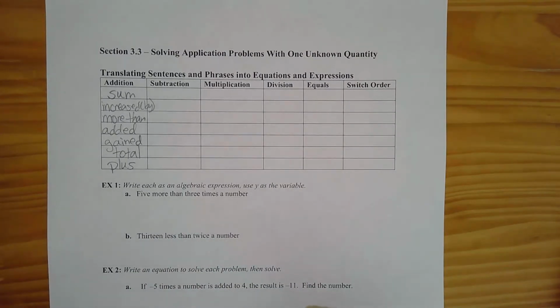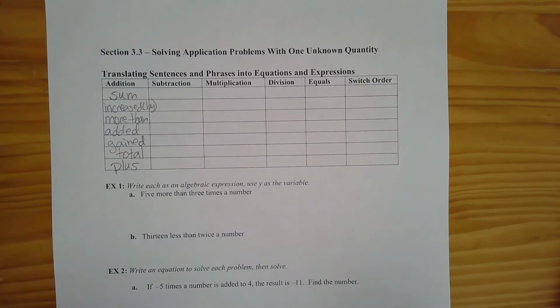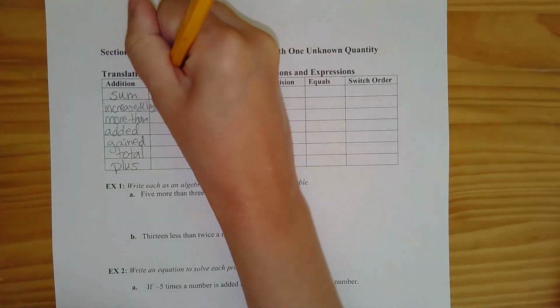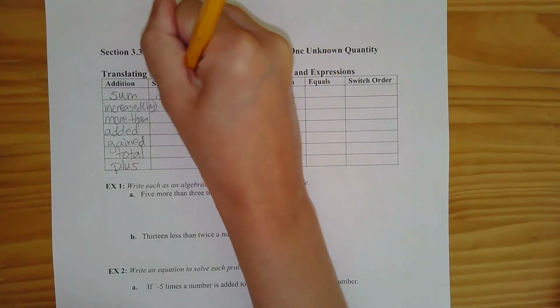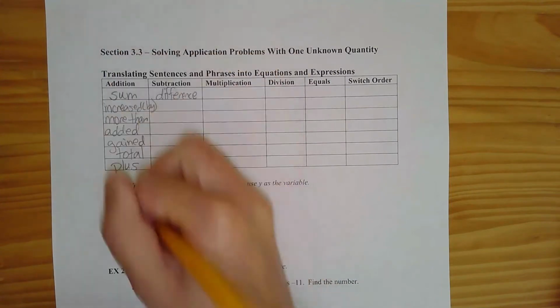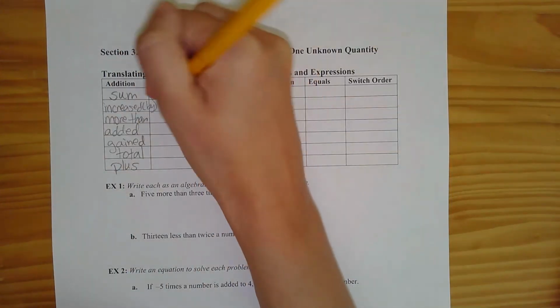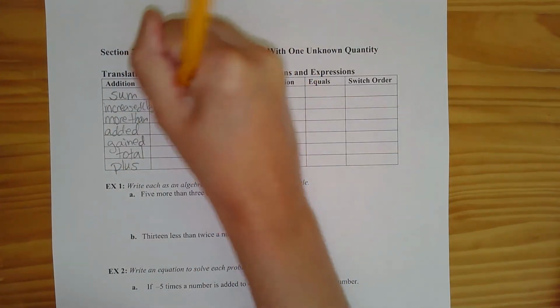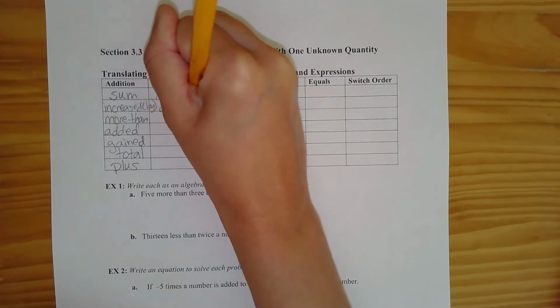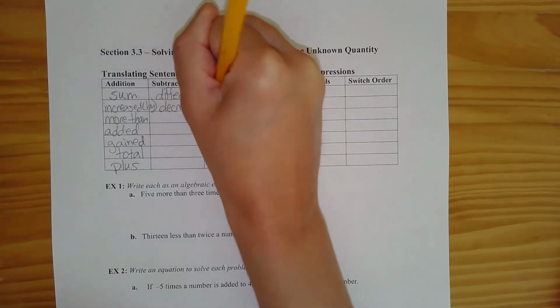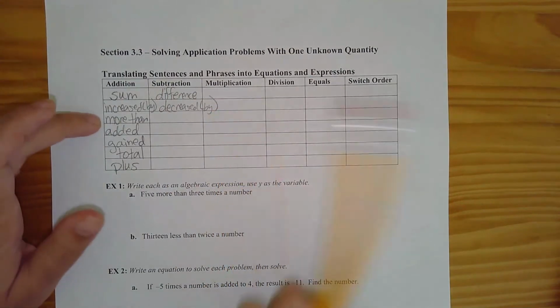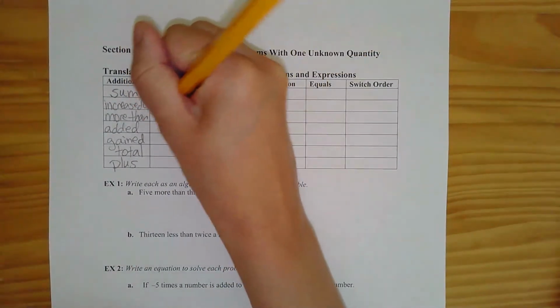Okay. Some subtraction words that you guys might notice would be like the word difference. Or instead of increased by, you might notice decreased or decreased by. Okay. Instead of more than, you might notice the word less or the word less than.